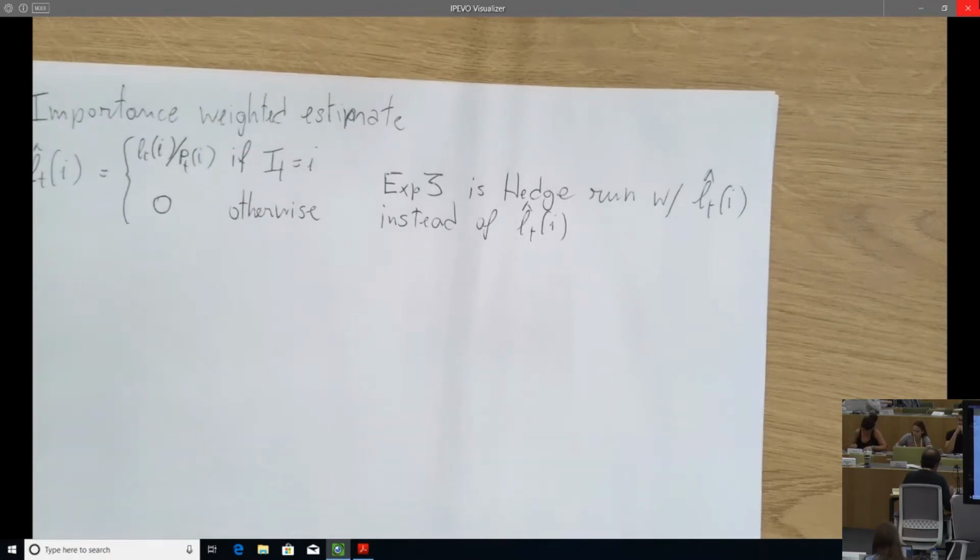It stands for exploration exploitation with exponential weights. So the idea is that because you don't have full information about the losses, sometimes you have to pick an action in order to find out what its loss is, even though maybe the action is going to be kind of bad.